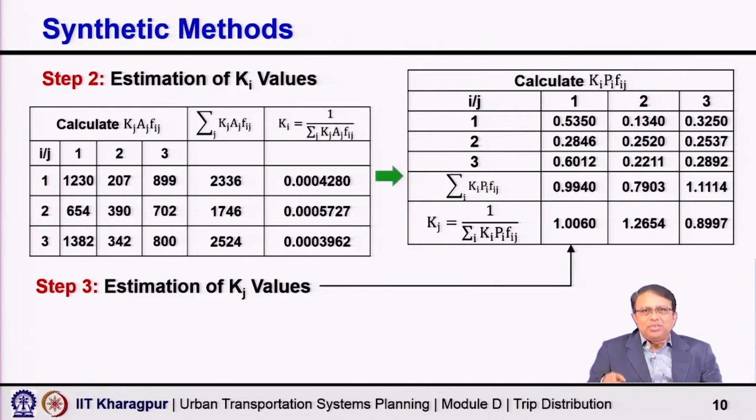Column wise I calculate the column total, that is the sum over i of Ki, Pi, Fij. Then you calculate the corresponding Kj for each of these destination zones, which is 1 by that sum, and it is shown here. Like that you can do step 2 and step 3.